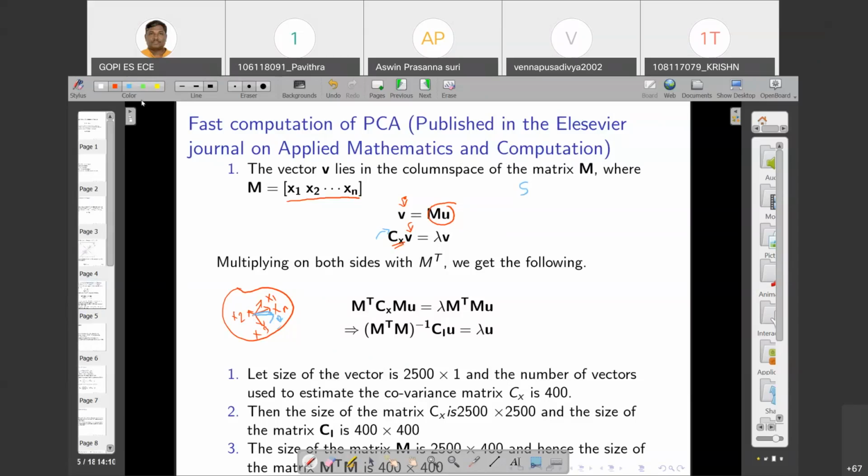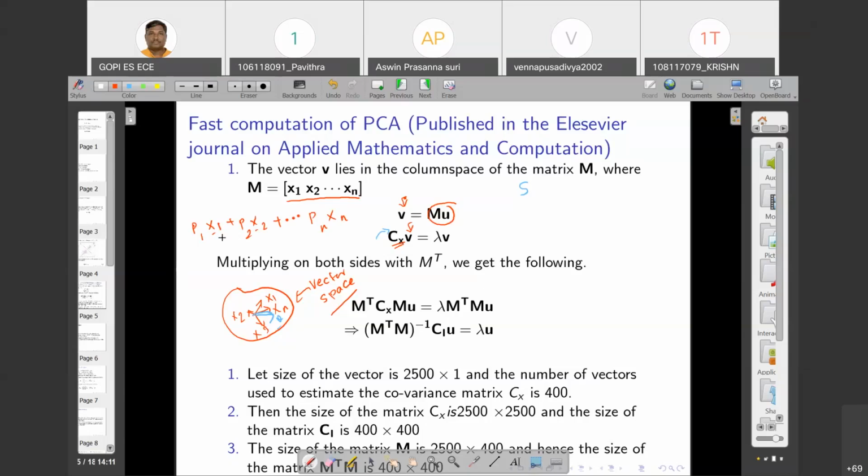So this is the vector space, the space spanned by the training data X1, X2, X3 up to Xn, and this eigenvector is also available in that space. That is what it means: V is written as M into U, by doing a linear combination like P1 into X1 plus P2 into X2 and so on up to Pn into Xn.